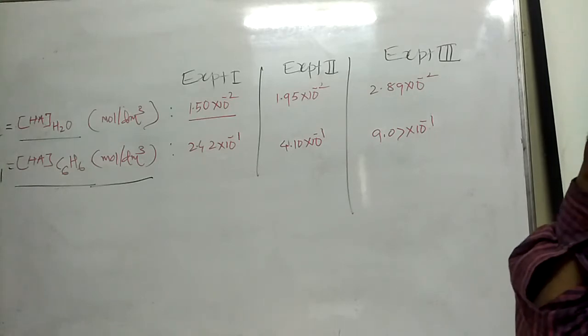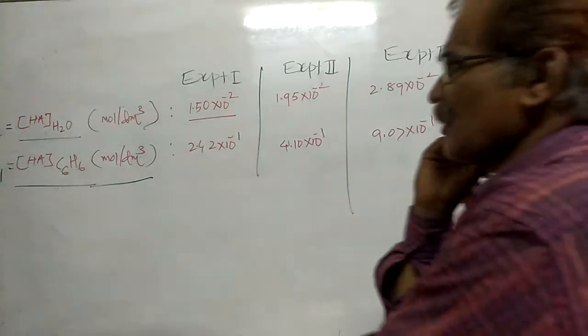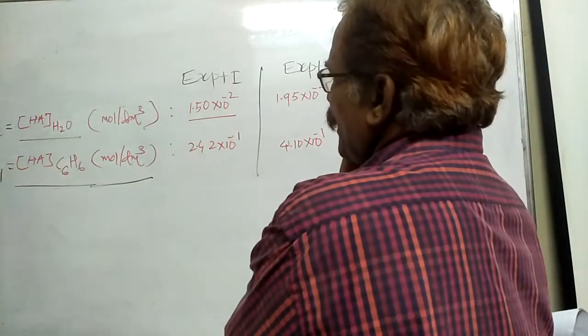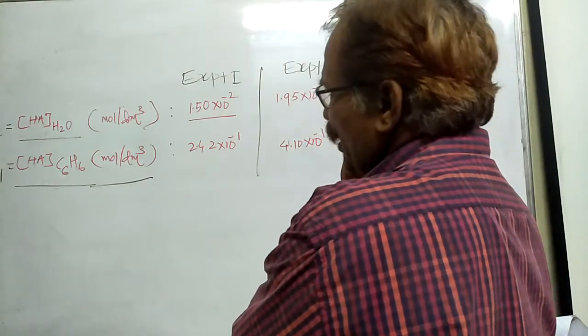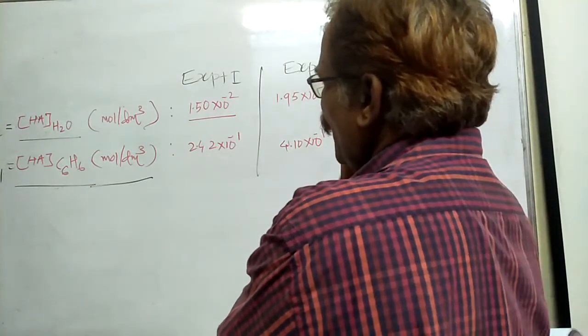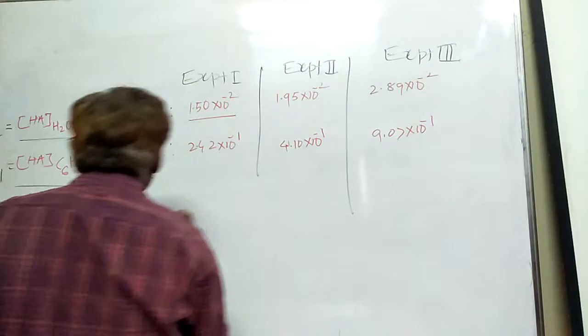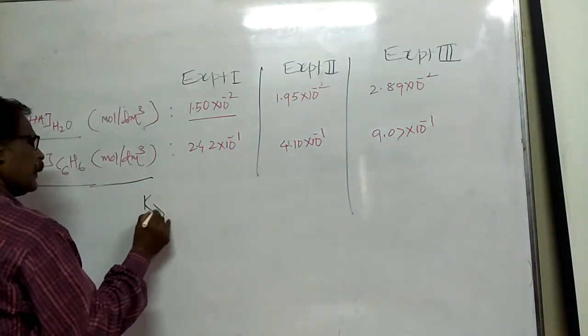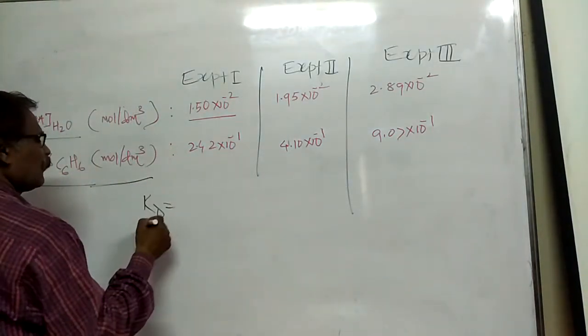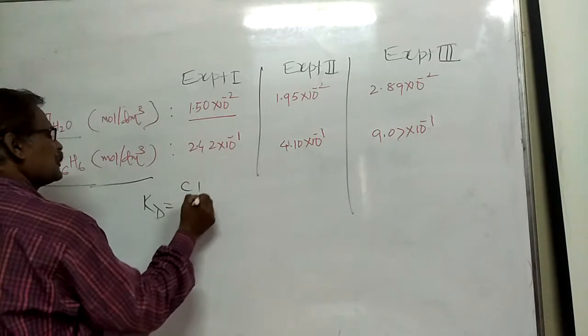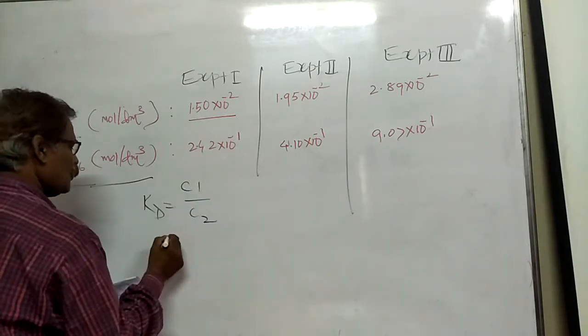Let us calculate partition coefficient of organic acid between benzene and water in experiment number 1. So Kd in experiment number 1 will be equal to C1 upon C2.